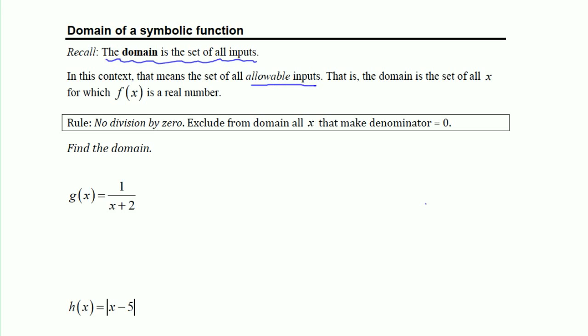And that means if I'm looking at, for example, this first function, g of x equals 1 over x plus 2, I could start by just trying to see what value of x might give me a division by 0 error here. Maybe negative 2 might occur to us, because plugging in negative 2 for x here would give us 1 over negative 2 plus 2, which would be 1 over 0, which would be undefined.